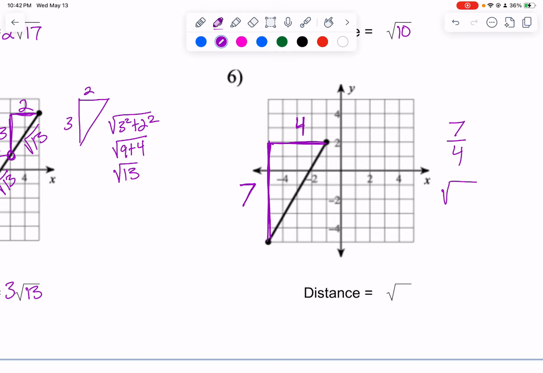So I would just have to find that total distance as a full step, 7 squared and 4 squared. So we're going to have 49 plus 16, and that's going to give me 65. So square root of 65 is our simplest version of that slope.